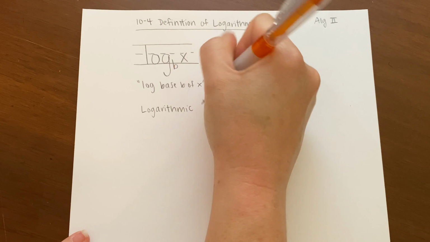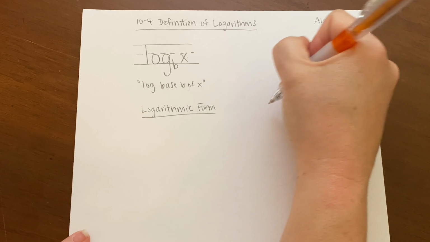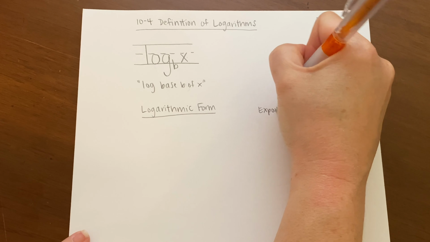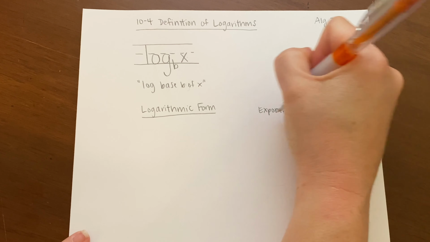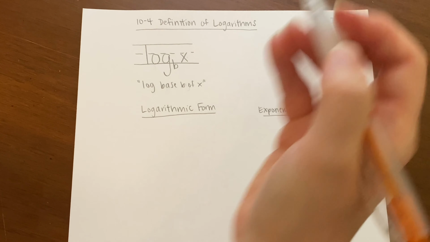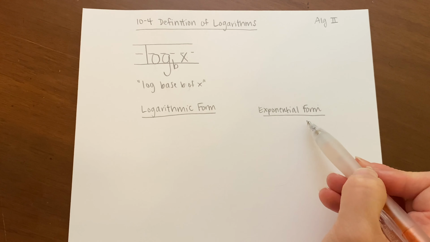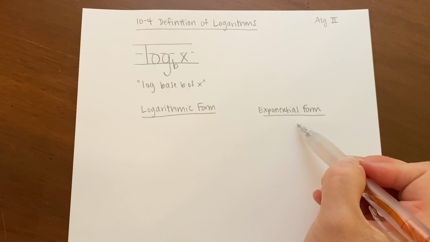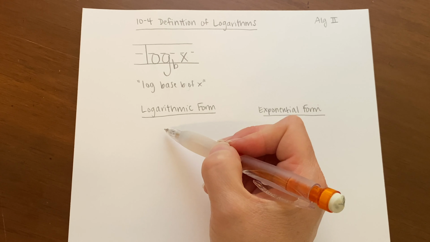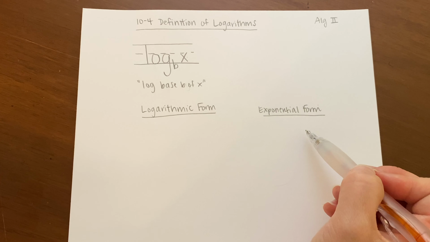We have logarithmic form, and then we have exponential form. We can move back and forth between these two forms. So I could give you something in logarithmic form, you could rewrite it in exponential form. Or I could give you something in exponential form, you'll be able to rewrite it in logarithmic form. You can move both ways in this table.